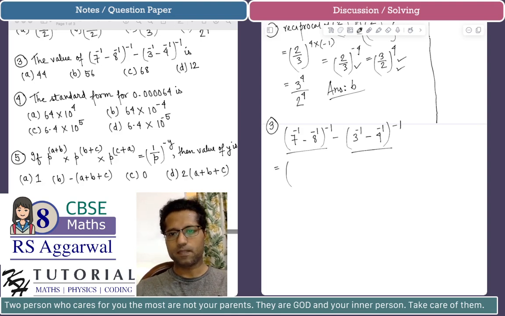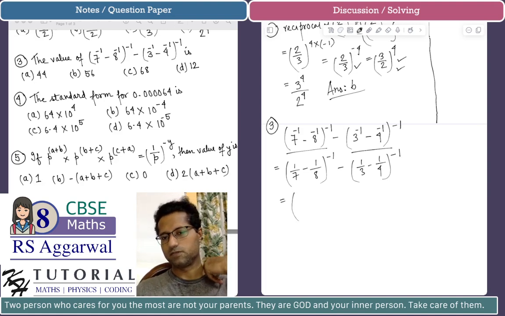Okay, so the bracket which is the base of the first term will be: 7 to the power minus 1 means reciprocal of 7, that is 1/7, and I have minus 1/8, and the whole raised to the power minus 1. Similarly I will have (1/3 minus 1/4) whole raised to the power minus 1. Now I have to simplify 1/7 minus 1/8.